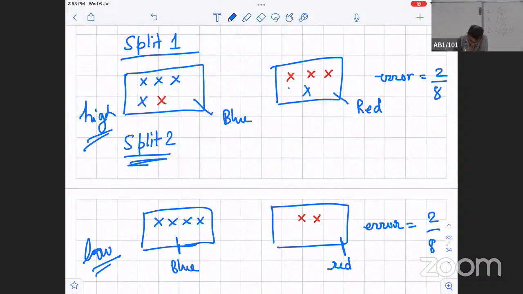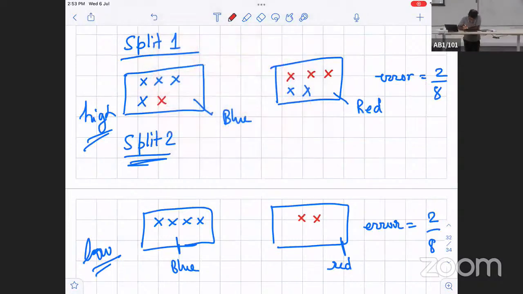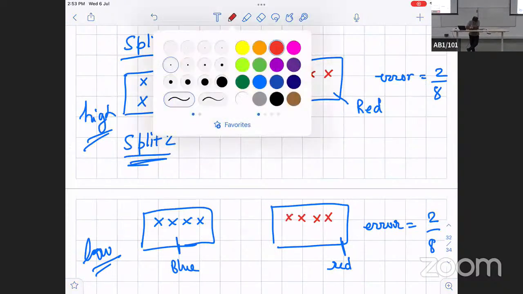So this is correct, and I need to have 4 reds. Is that better now?